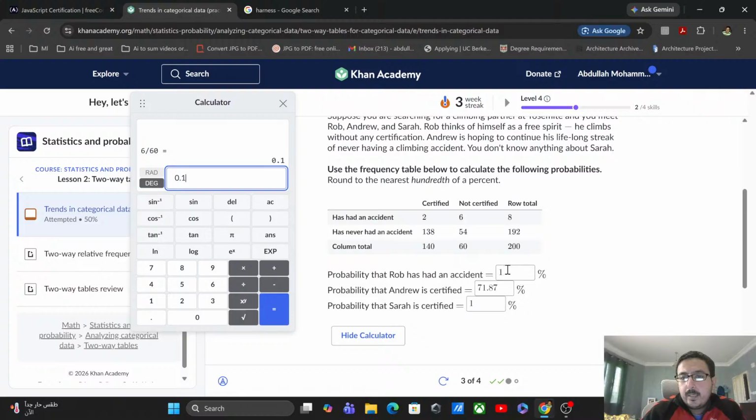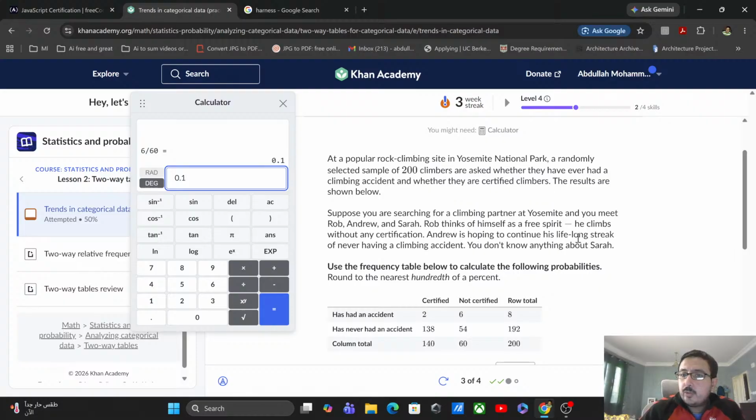So either I'm reading the probability that Sarah is certified. Sarah is out of the 200. We know nothing about her, so she's 1%. Is there a problem here? Andrew is certified.